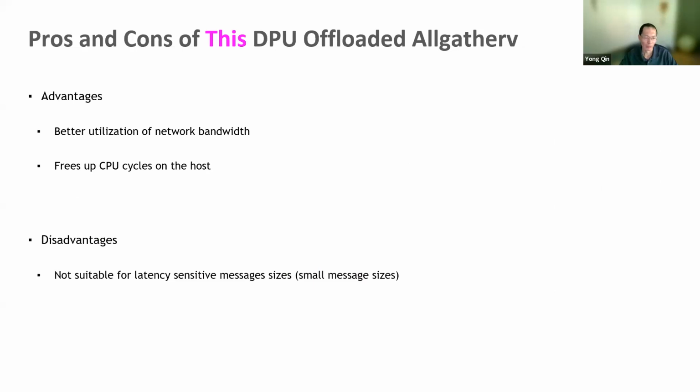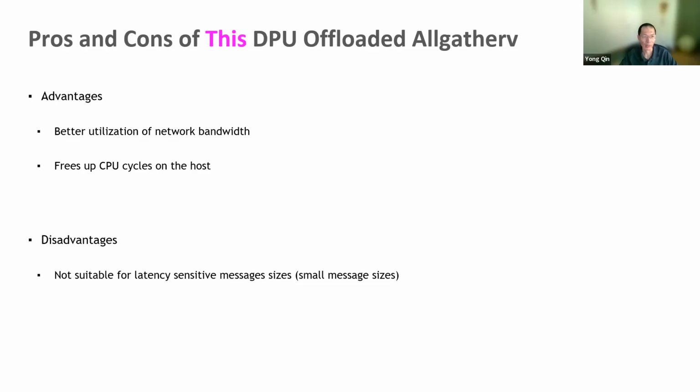Based on this information, we can conclude that there are a few advantages that we can gain from doing the DPU offloading of the collectives. One thing is that we can better utilize the network bandwidth, because the lower latency in the previous slide basically translates to higher network bandwidth that we are taking advantage of.